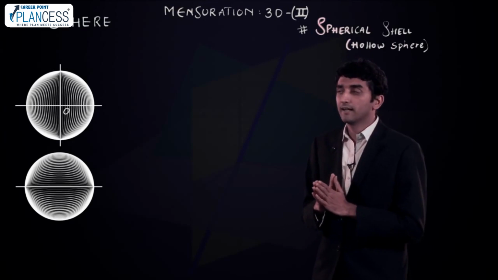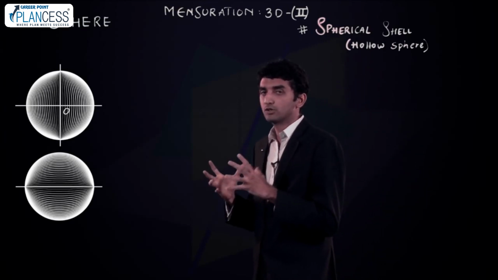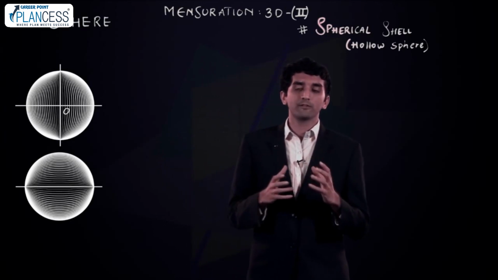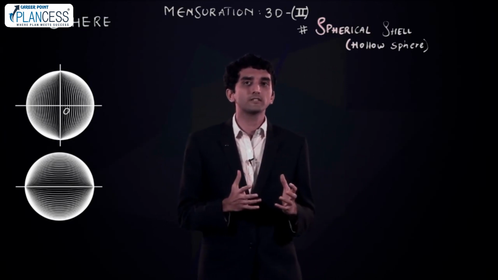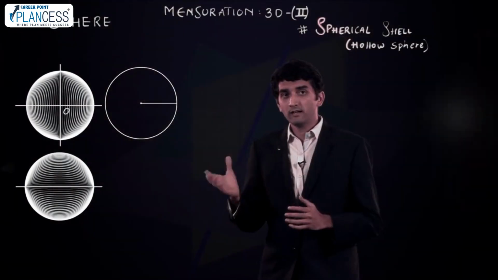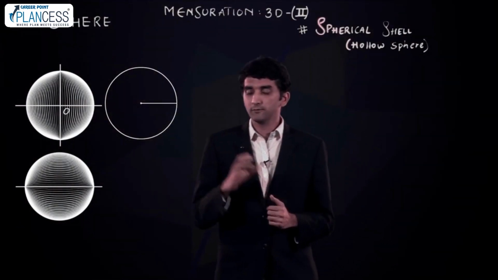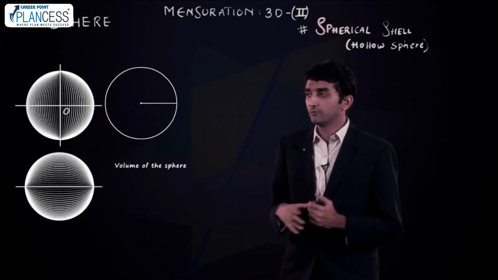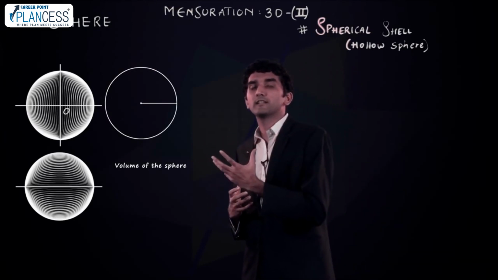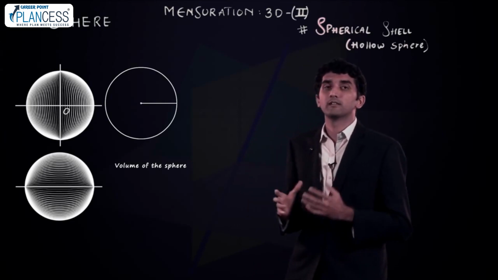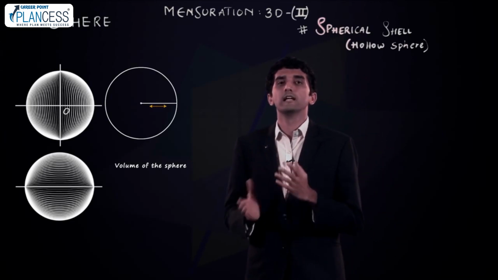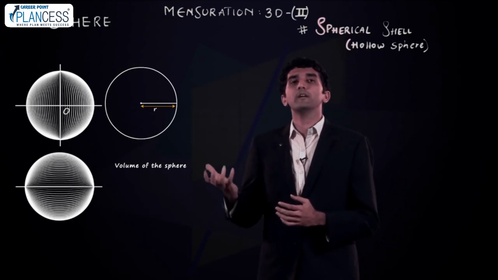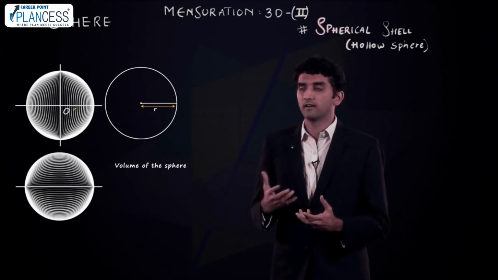Now, after understanding what a sphere is in the solid form, let's have a look at the important formulae that we should know for the application sake in problems. So here are the two important things. The first one is the volume of the sphere. As we had talked about the circle that we started with, if the radius of that circle is r, then the radius of this sphere will also be r, right?